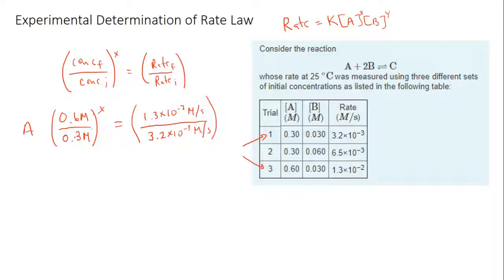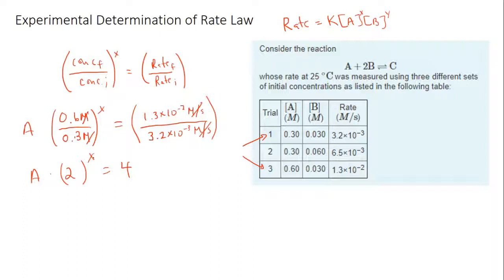When we divide these two, molar per second will cancel out, and we should be left with, for A, 2 raised to what exponent equals, and if we divide these two, we should get 4. So we can see that the rate order for the concentration of A would be second order.